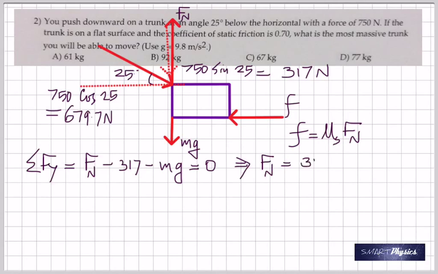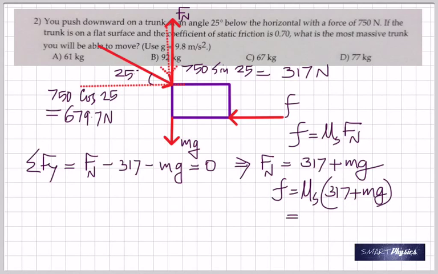And then when you rearrange that, you get Fn is 317 plus mg, and then plug it back into this equation. So friction would be mu s times 317 plus mg. Now mu s is given as 0.70.